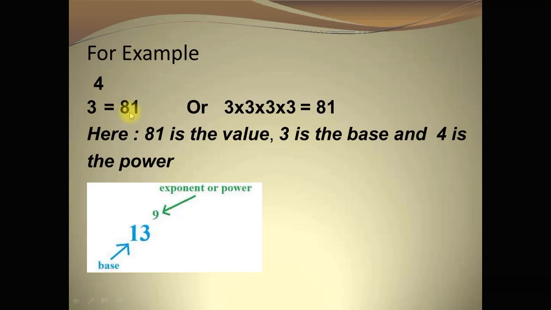Here 81 is the value of this exponential form, and in this expression 3 is the base and 4 is the power or exponent or index. Another example, suppose we have 13 power 9. In this expression 13 is the base and 9 is called the exponent or index or power.